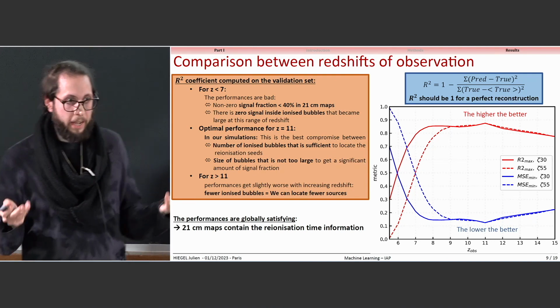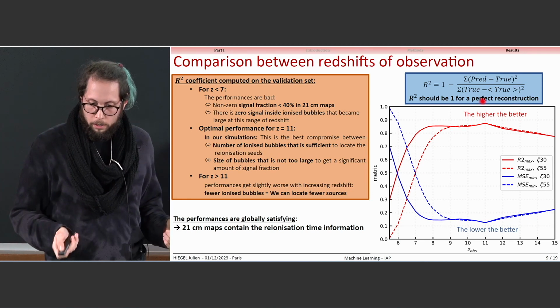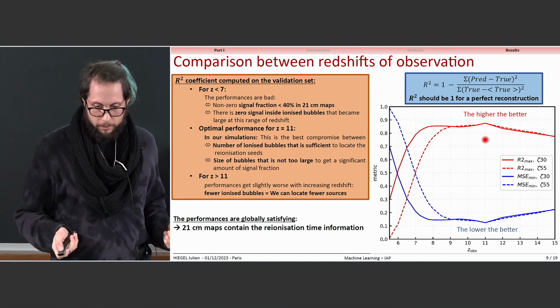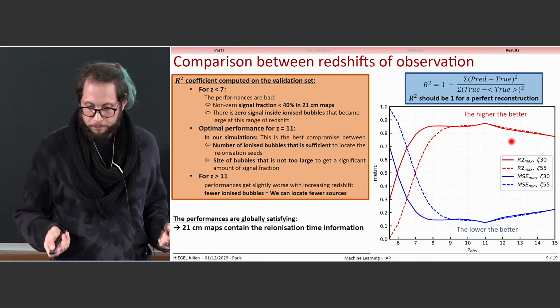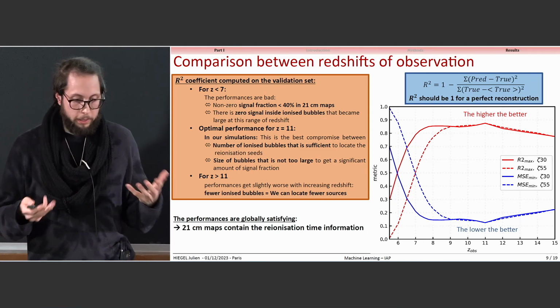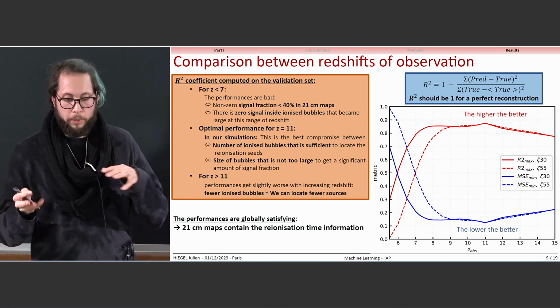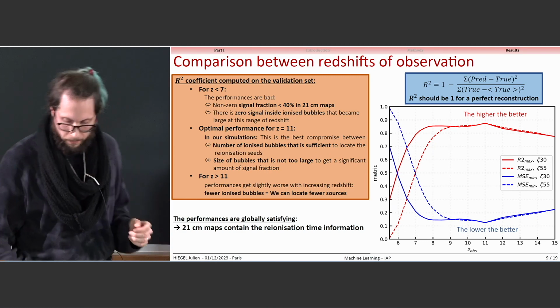So we cannot predict anything from nothing, basically. Okay, so at larger redshift now, the performances get slightly worse, and it is basically because we have fewer ionized bubbles in the observation, so we can locate fewer sources.